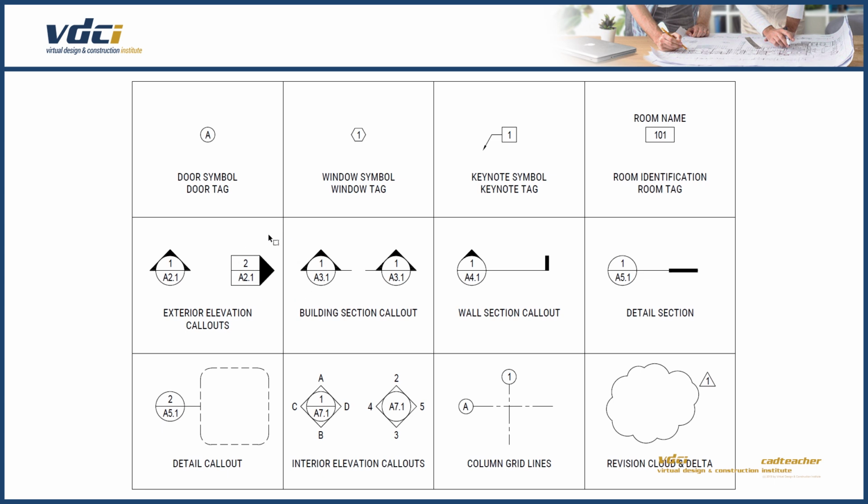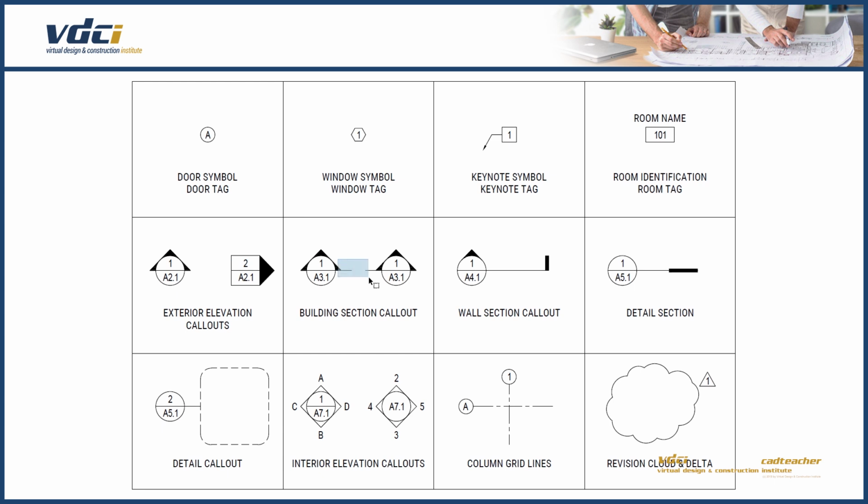We will also have building section callouts. Building section symbols work together. Building sections are typically slices through a building that show everything from the footings all the way up to the roof structure. If I had these symbols on a floor plan, the two view markers would be connected by a line.